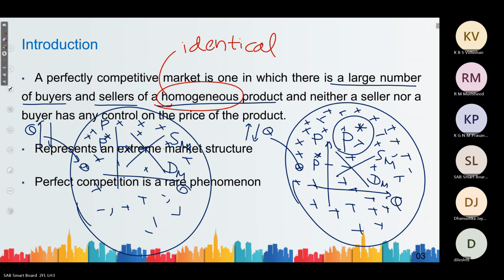Neither a seller nor a buyer has any control on the price of the product determined in the market. Individual buyers and individual sellers do not have any power to control the market price.